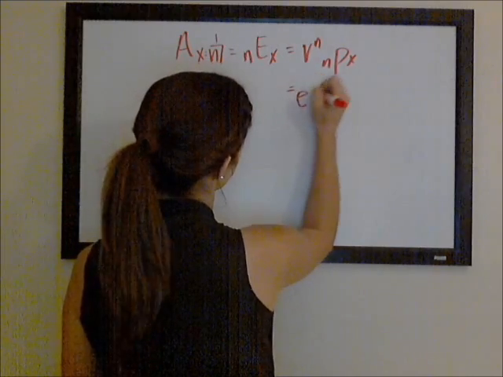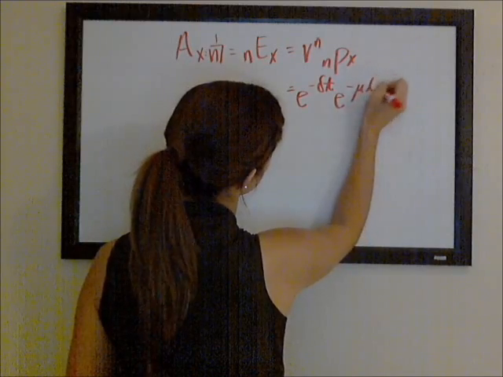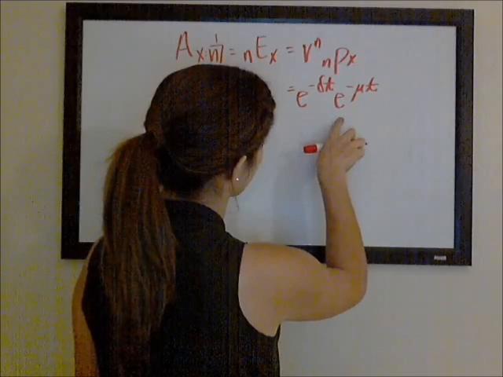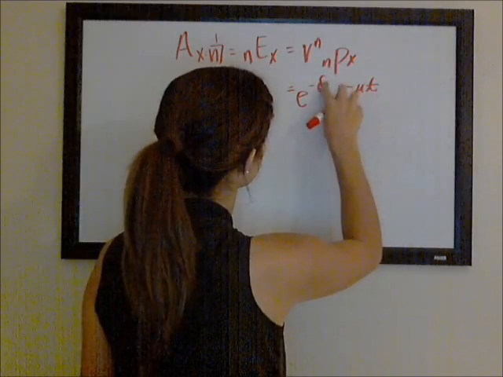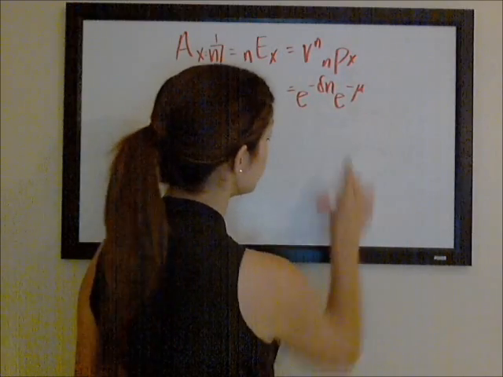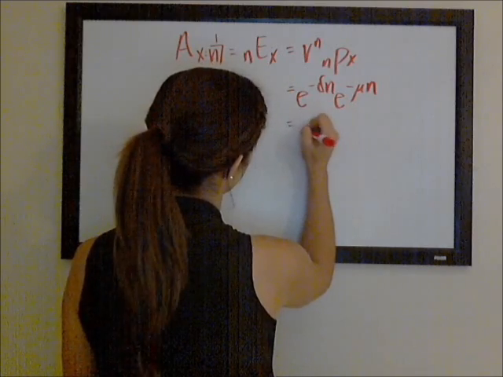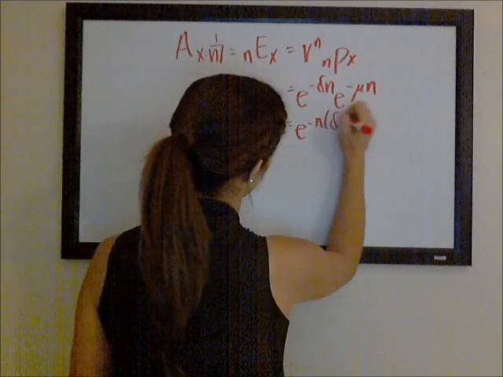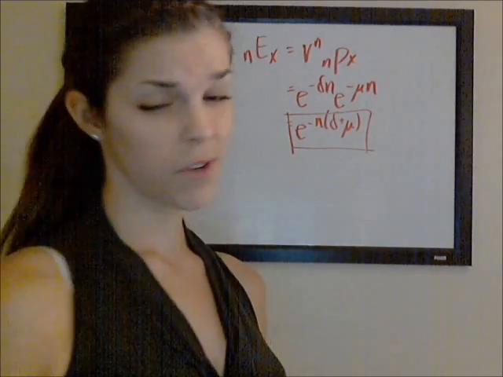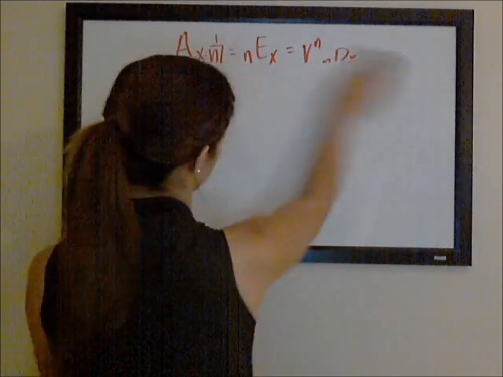With the constant force of mortality, v to the n becomes e to the negative delta n, times e to the negative mu n, which simplifies to e to the negative n times (mu plus delta). That one is hopefully super easy to come up with.